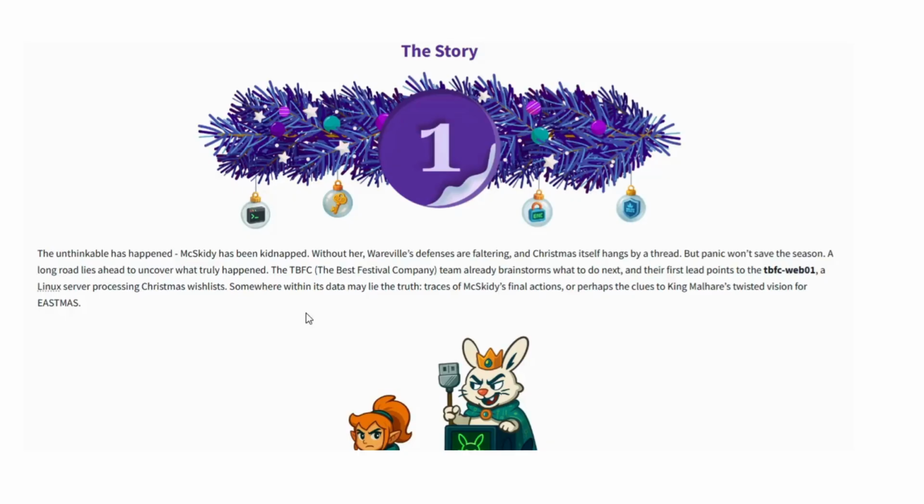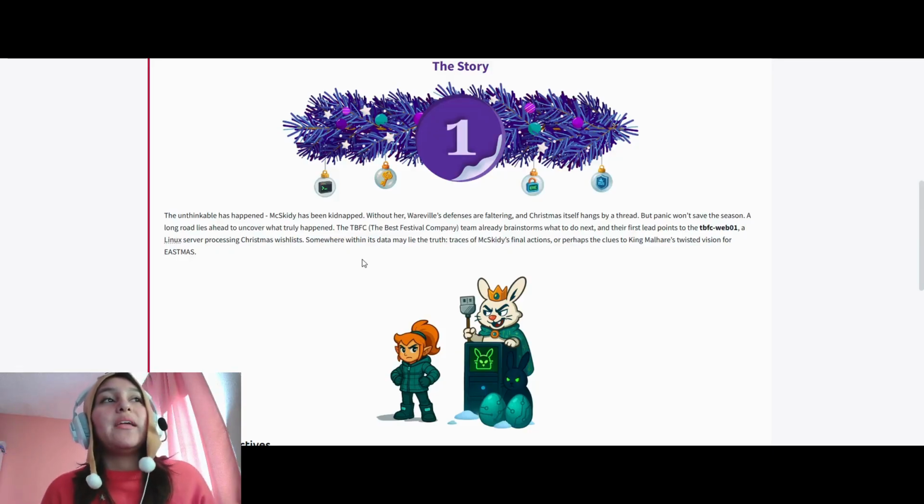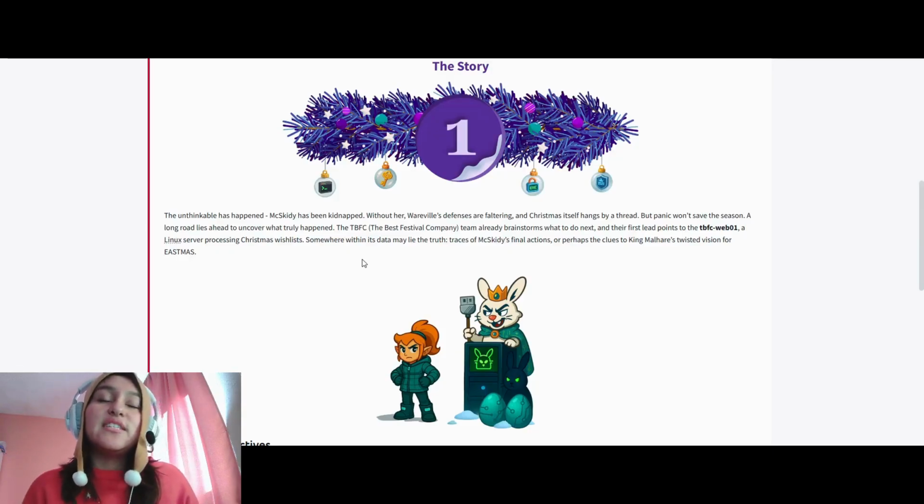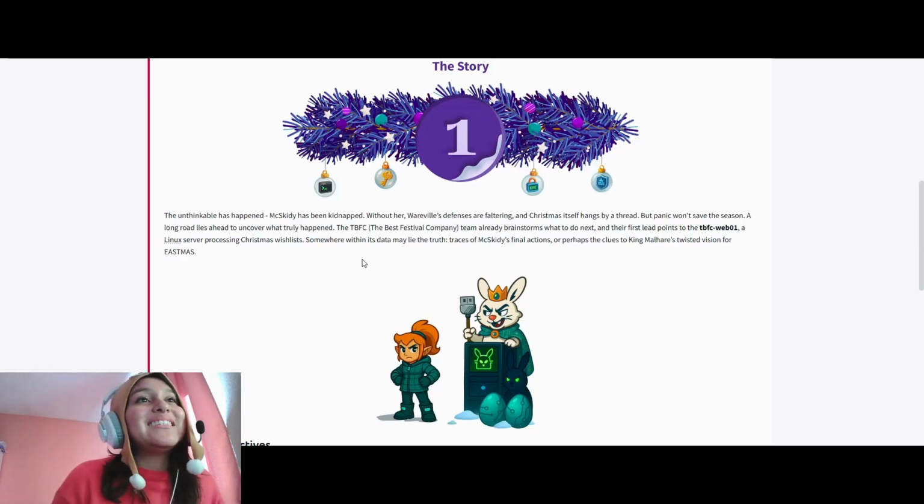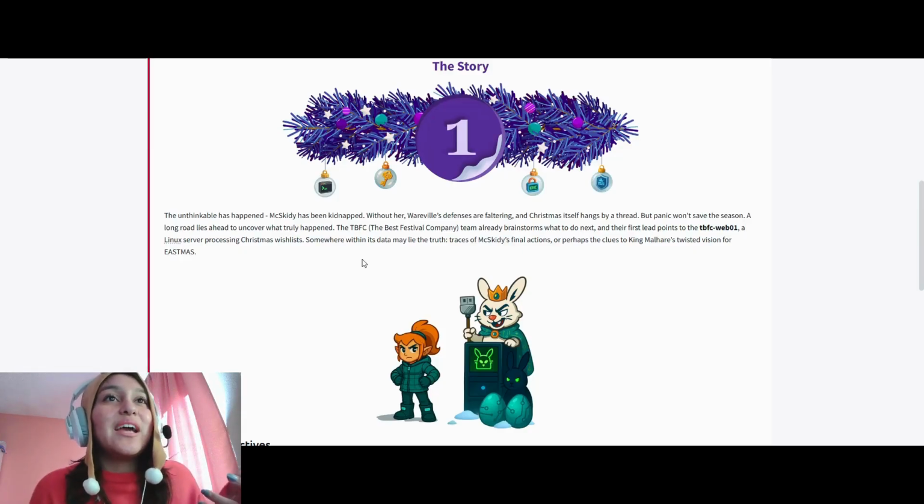The story. The unthinkable has happened. McSkitty has been kidnapped. Without her, Waresville defenses are faltering, and Christmas itself hangs by a thread. But panic won't save the season. A long road lies ahead to uncover what's truly happened. The TBFC, the best festival company, team has already brainstormed what to do next.